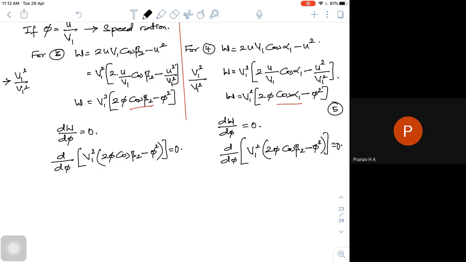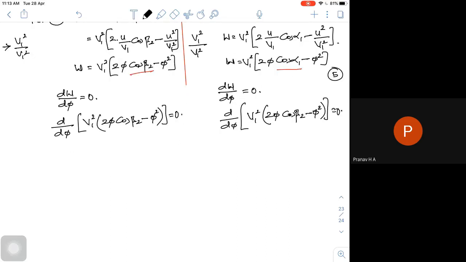So what will be the maximum work done actually? If I want to differentiate it, what am I going to get? V1 square will simply go off. I am left with d by d phi of 2 phi cos beta 2 minus phi square is equal to 0.